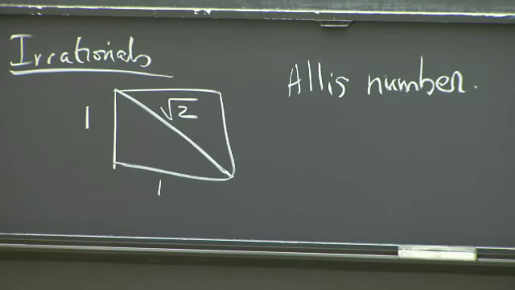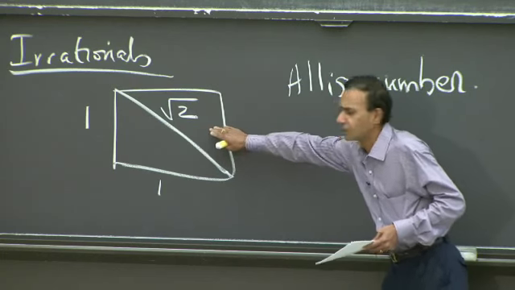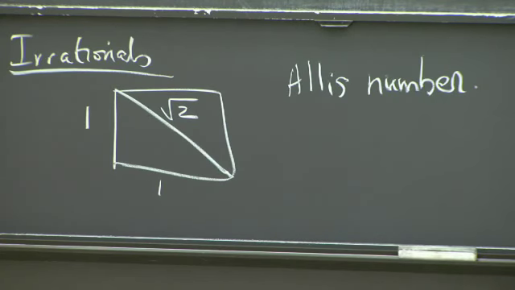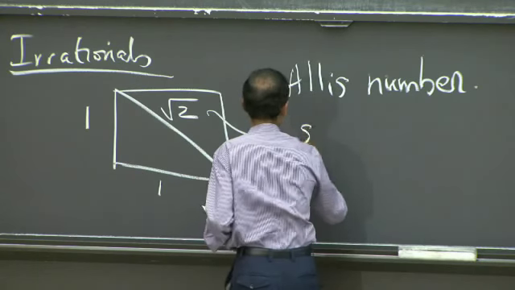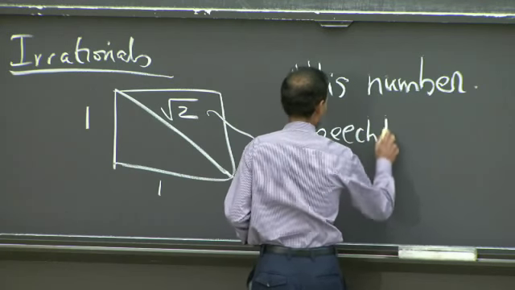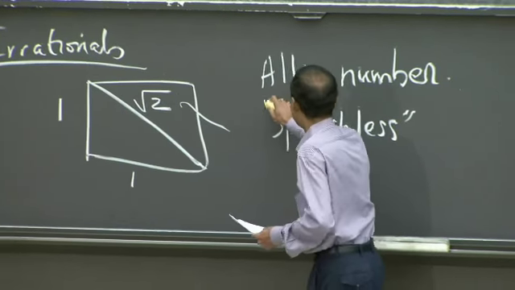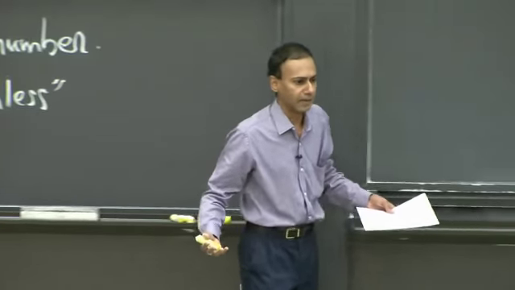And the problem here was that he didn't really like the square root of 2 because he couldn't express it as a number, or what he thought of as a number, which was 1, 2, 3, etc., the integers, whole numbers. So he called this ratio speechless. Now, something that he really couldn't explain.